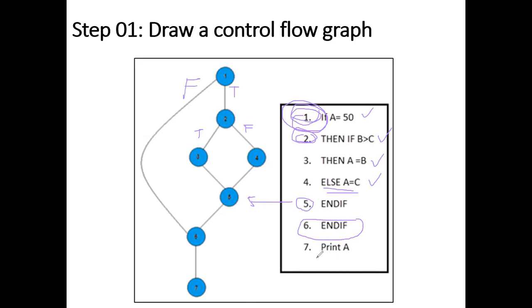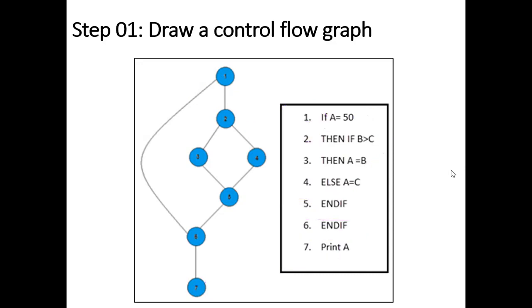Then we have the seventh state. This is how we simply develop the control flow graph. It is sort of a flow chart, but in a flow chart we use different symbols. Here we illustrate the entire program using nodes and edges.